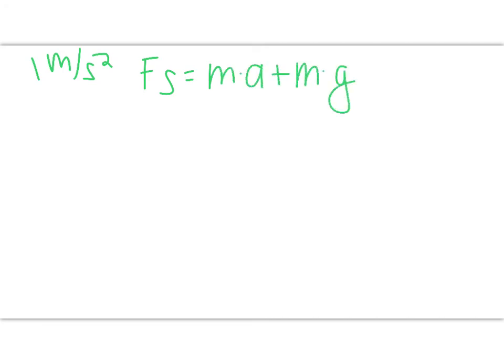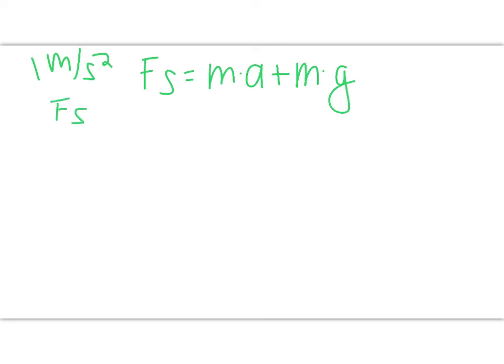So we have an upward acceleration of 1 meter per second squared. So we're going to use this equation that we just solved for, which as a reminder, Fs equals mass times acceleration plus mass times gravity. So at this point I can really plug in my numbers.